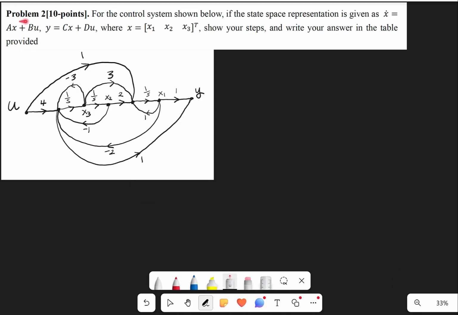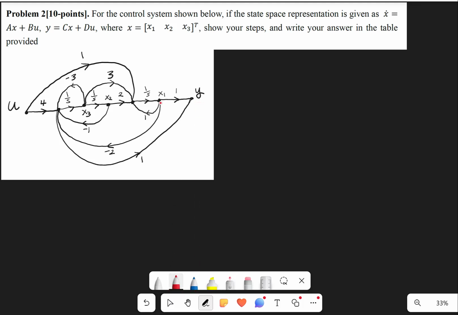In the second problem, we have a signal flow graph, and we need to write the state space representation, which means that we need to write the matrices A, B, C, and D, given the state variables x1, x2, and x3, and we also have the input and the output here.